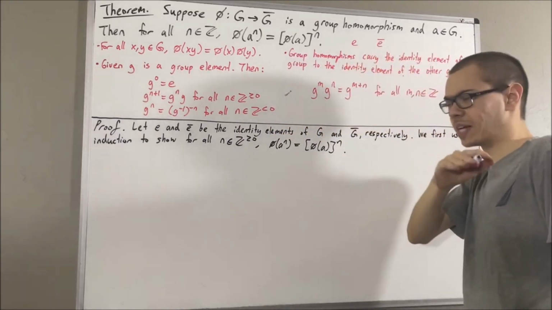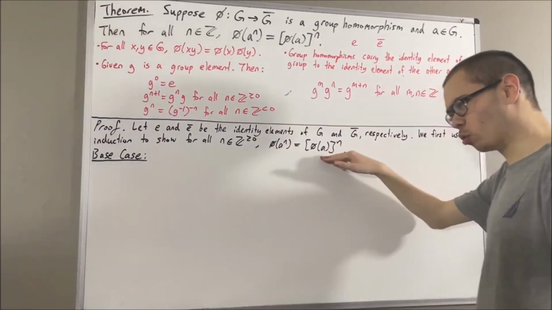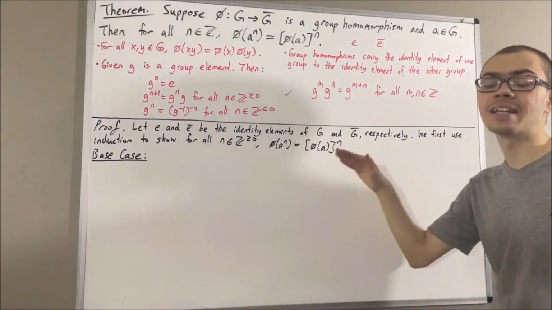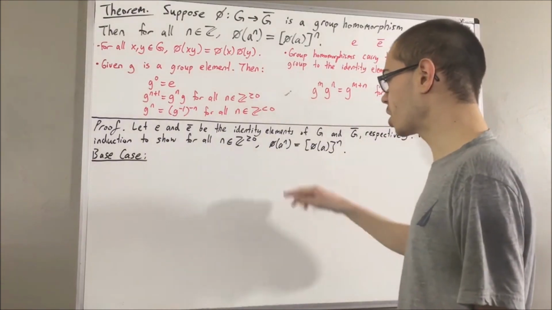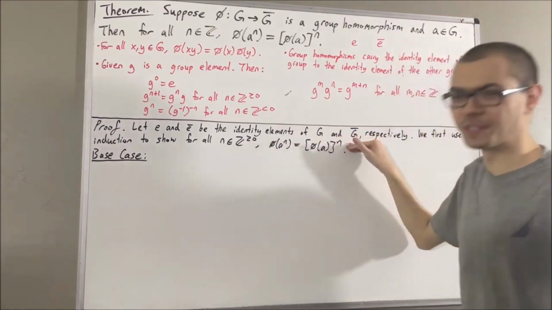So let's start with the base case. In the base case, we want to show that phi of a to the power of 0 is equal to phi of a to the power of 0.